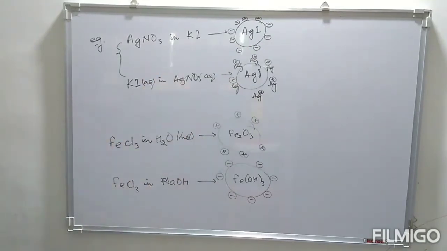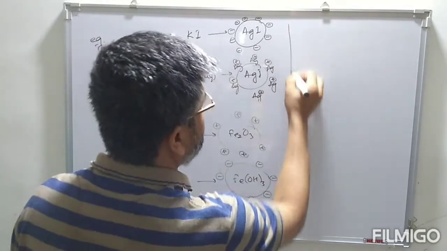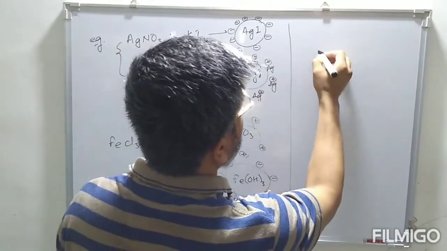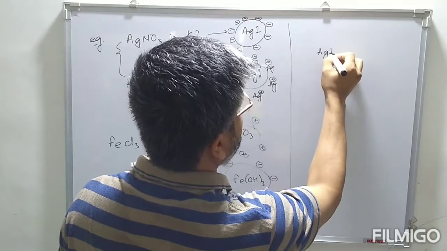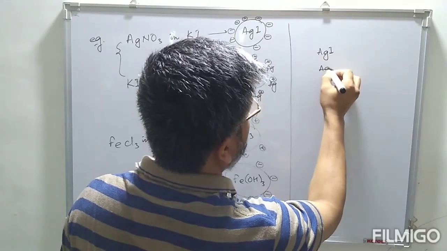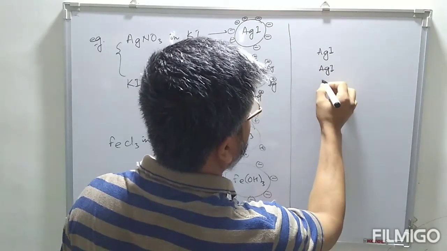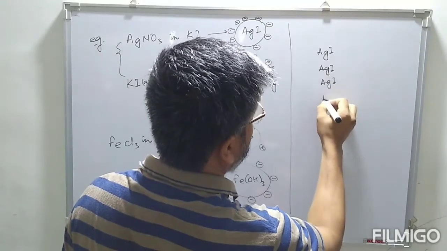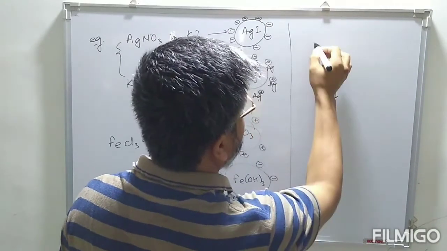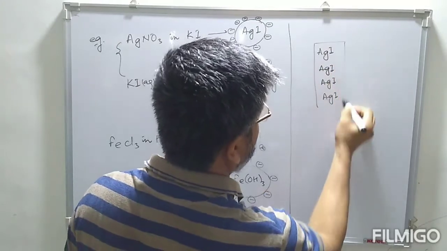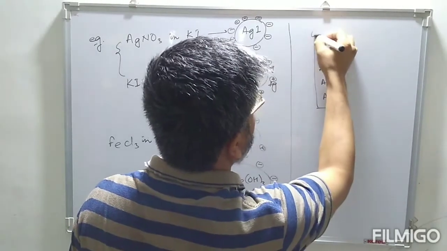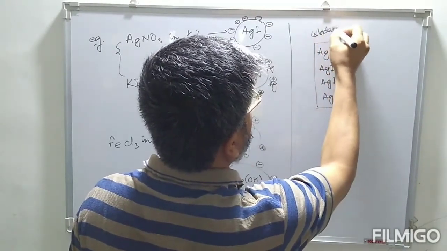Now look at this. Suppose we take this AgI. Now this is a colloidal solution.